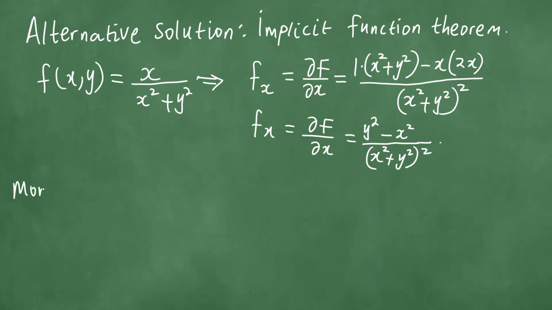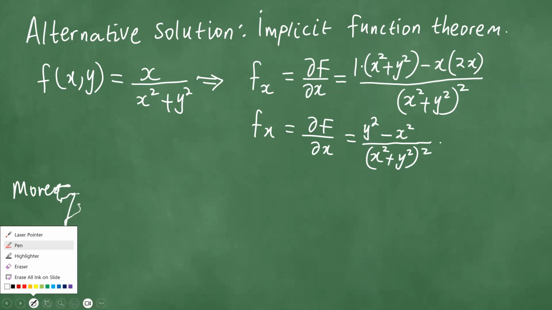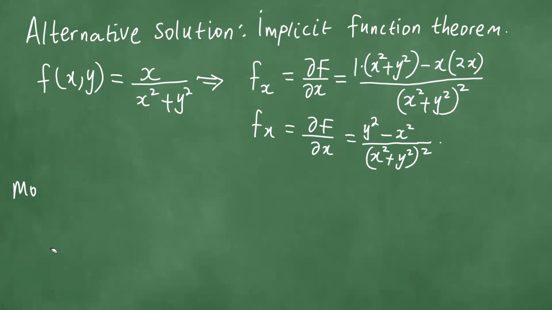Moreover, what do we do next? Now we have partial f, partial y, the partial derivative of f with respect to y. First we differentiate using the quotient rule.